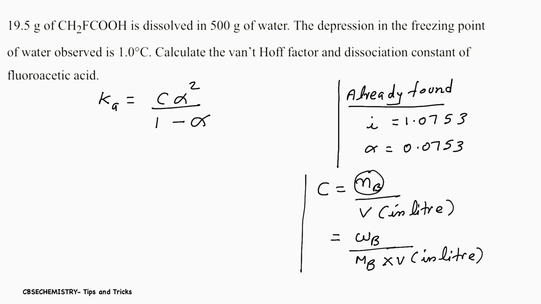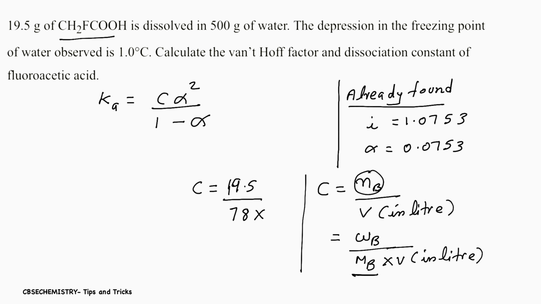Okay, now we can check how to do this. See, C is equal to WB. WB is given in the question, right? What is that? 19.5, by MB. MB we already found, right? What was that? 78, correct?